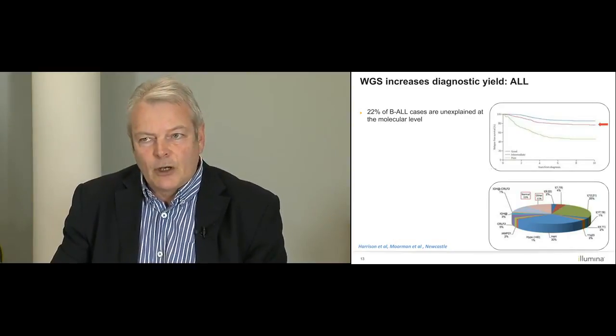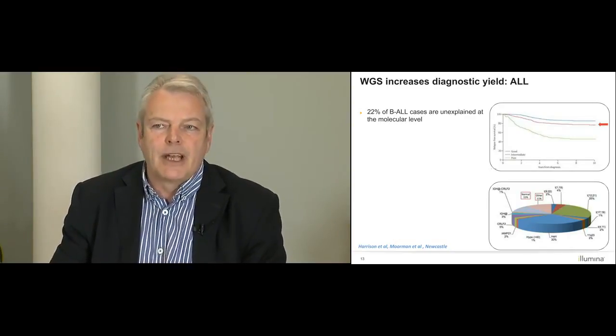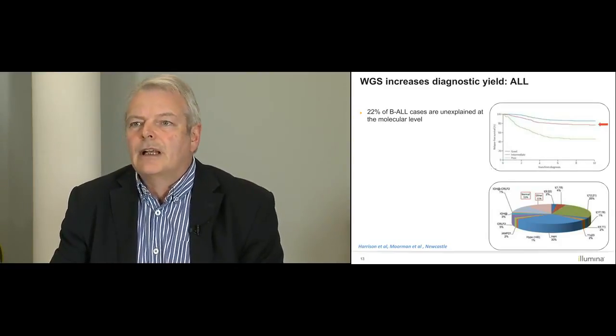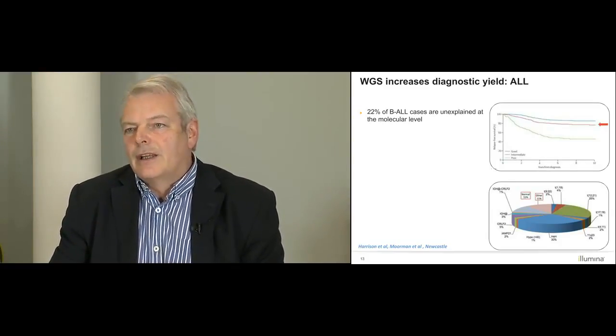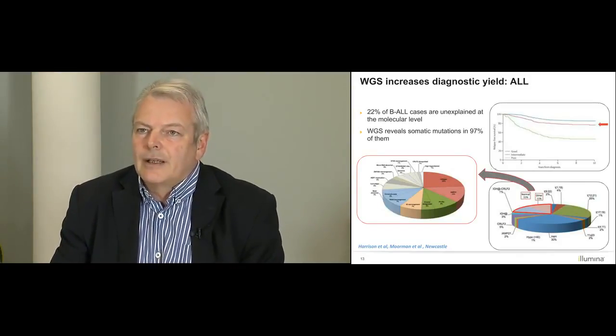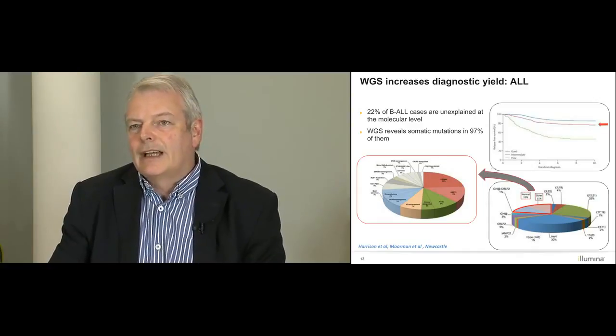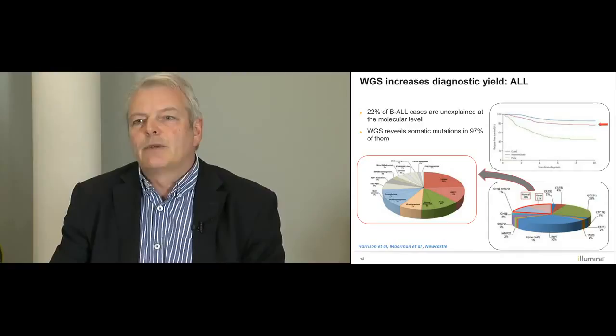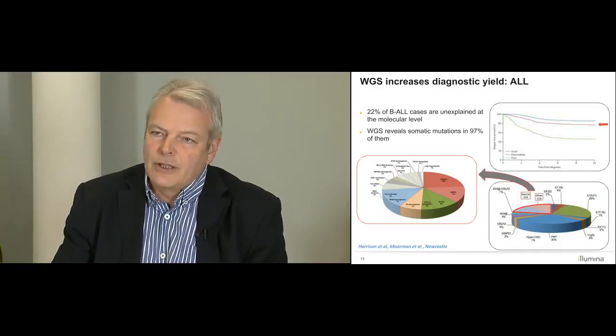They're either completely normal or some unexplained apparent rearrangement by cytogenetic testing. And in this collaboration, again with Newcastle, we took the entire fraction of the unexplained cases at the molecular level and actually found an insightful mutation. Multiple new genes were identified in every one of them by whole genome sequencing.